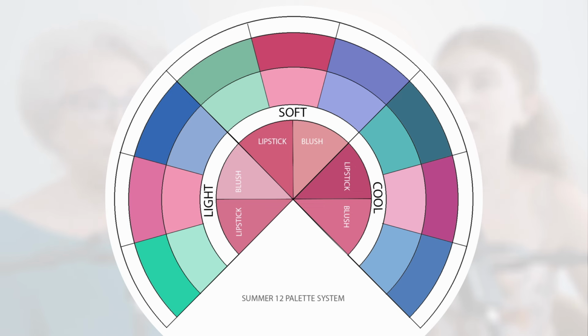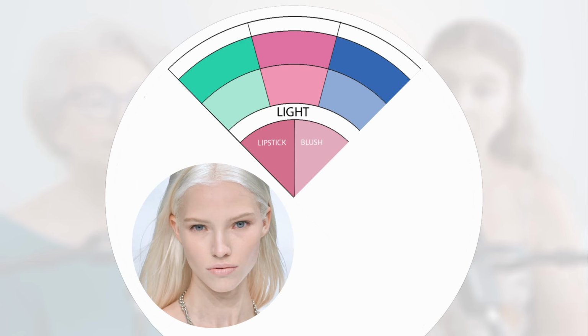Well, that's going back to what we originally were talking about with the 6 palette system. So if you know the 6 palette system, our light is going to be in comparison to our deep. Somebody who has light hair, light skin tone, just overall looks light. However, I'm a summer, and I am not necessarily a light in the 12 palette system.